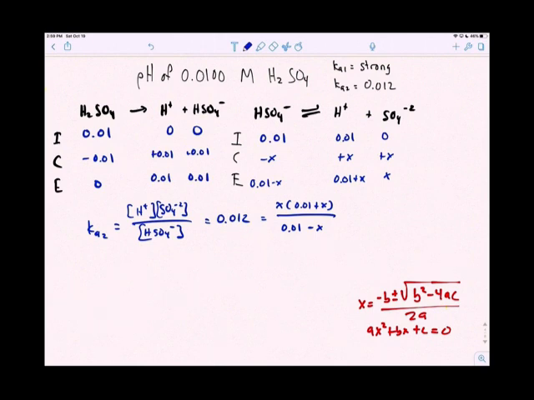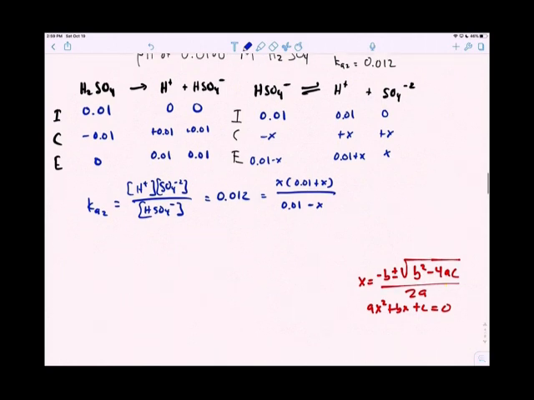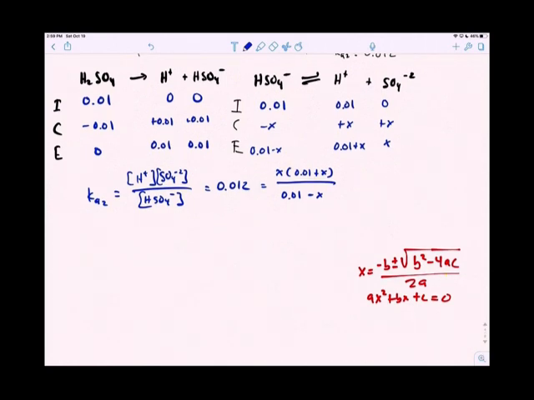And guess what? You cannot apply the x is small approximation. So you have to go ahead and FOIL this. So let me go ahead and do that for you.